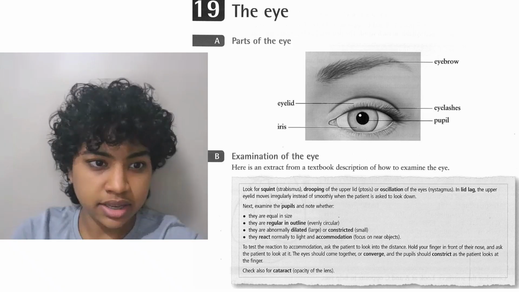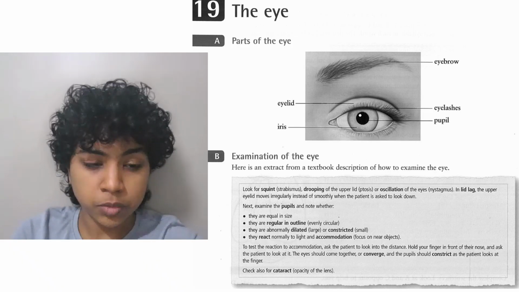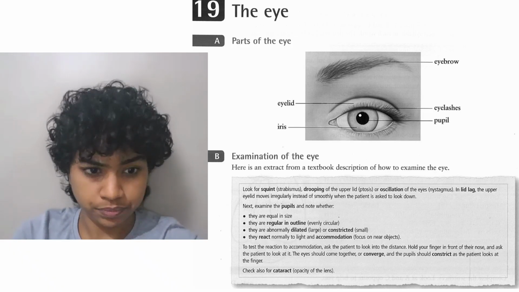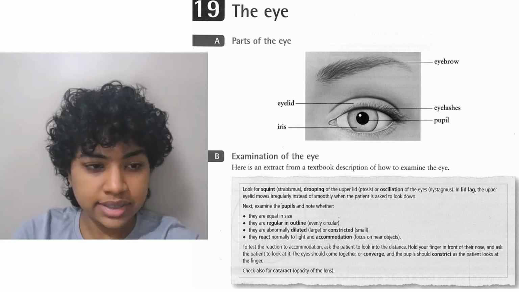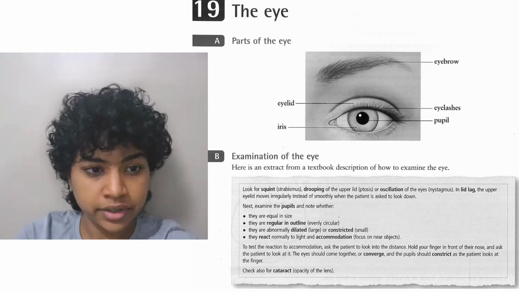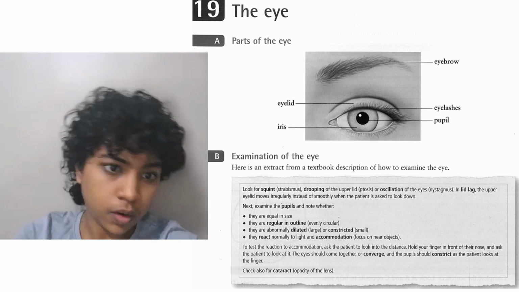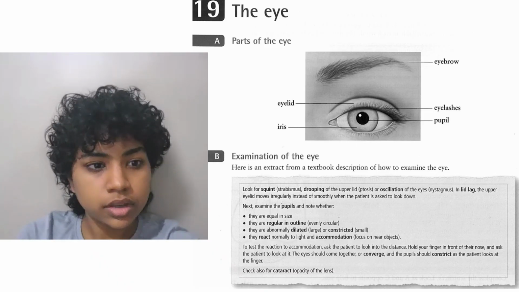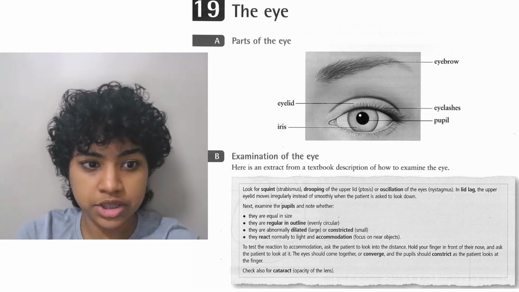To test the reaction to accommodation, ask the patient to look into the distance, hold your finger in front of their nose, and ask the patient to look at it.